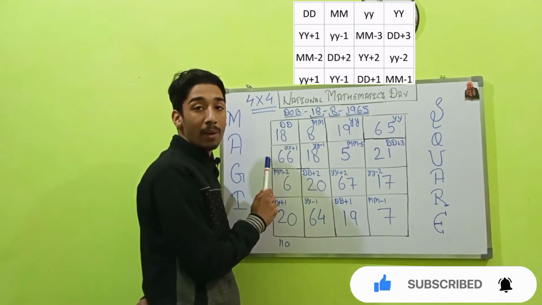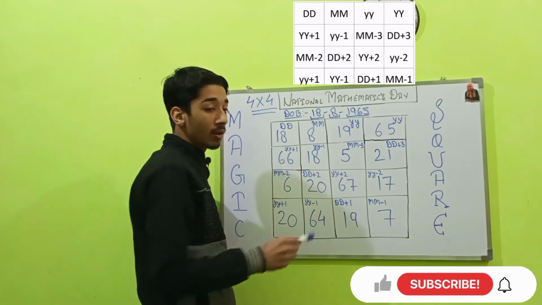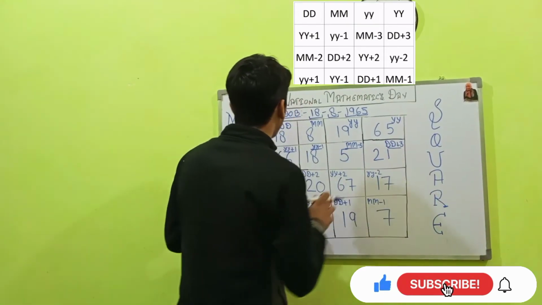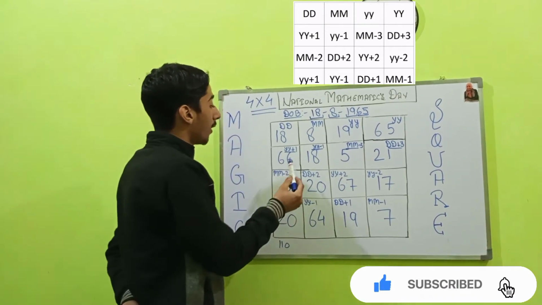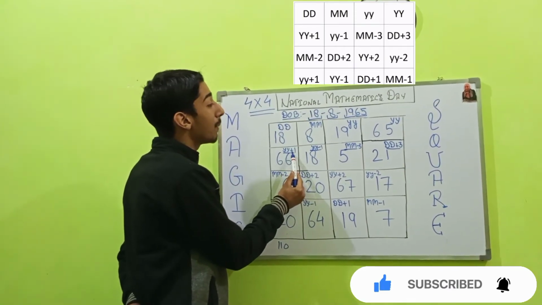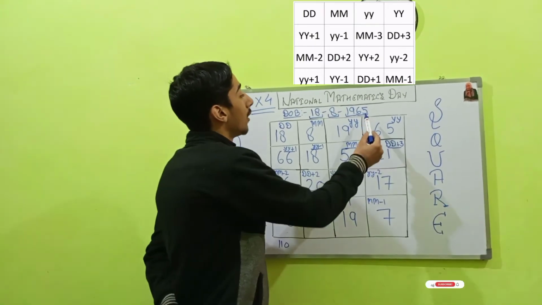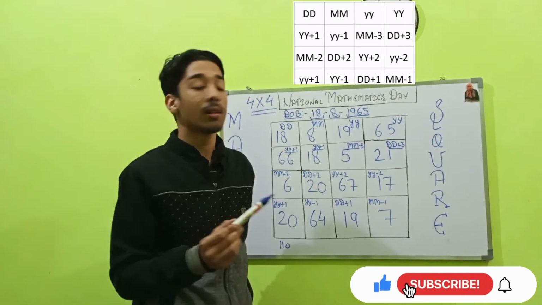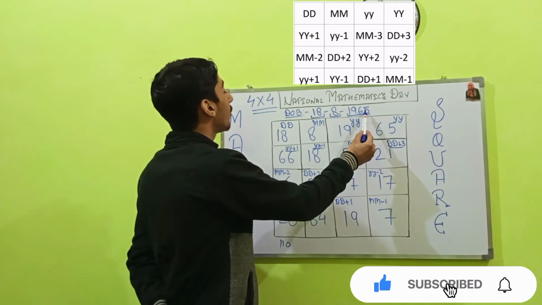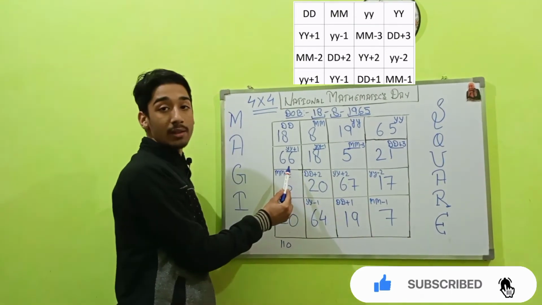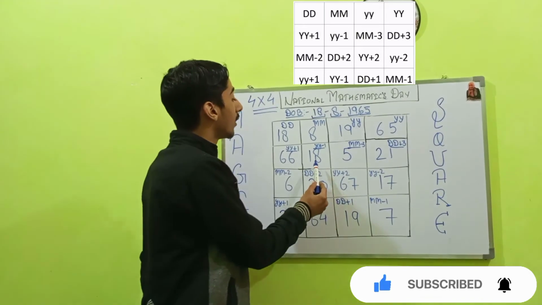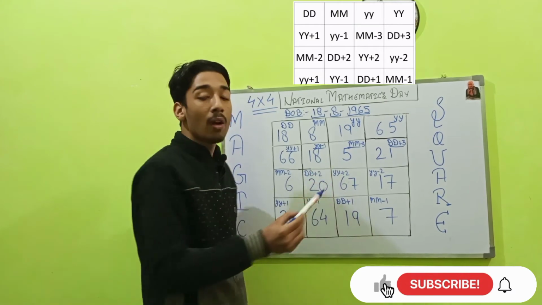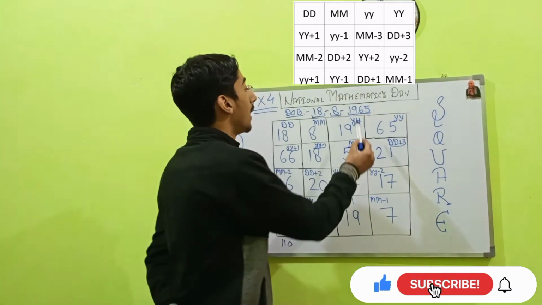For making the second row, you can see I have written something here, so let me explain it. I have written capital YY plus 1. That means whatever your year code is, you have to add 1 to it. In this case I have 65, so I add 1 and get 66. Next, you have to subtract 1 from small yy, which is the century code, 19 here.